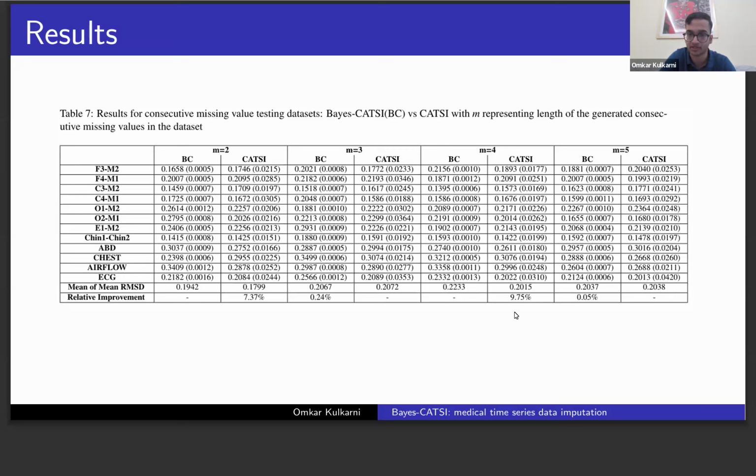So we can observe that partial Bayes-CATSI performs better compared to Bayes-CATSI for the consecutive missing value cases.